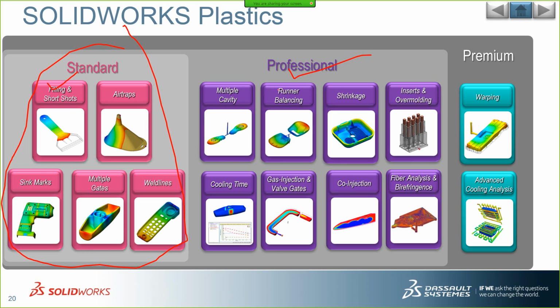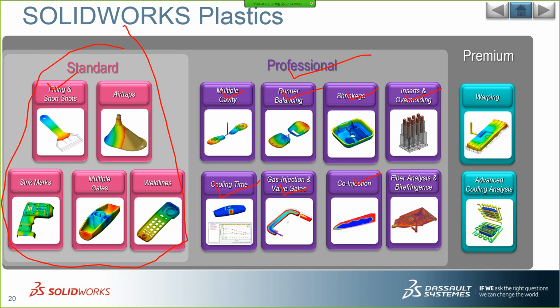Apart from that, professional can also help you simulate runner balancing, multiple cavities or family molds. You can understand shrinkage and insert over molding, so if there are multiple inserts and plastic is filling, you can get a look at it. Cooling time, the total time required to cool the part. Gas injection, in which you can see how gas can be injected and how it looks once you have that hole inside the part.